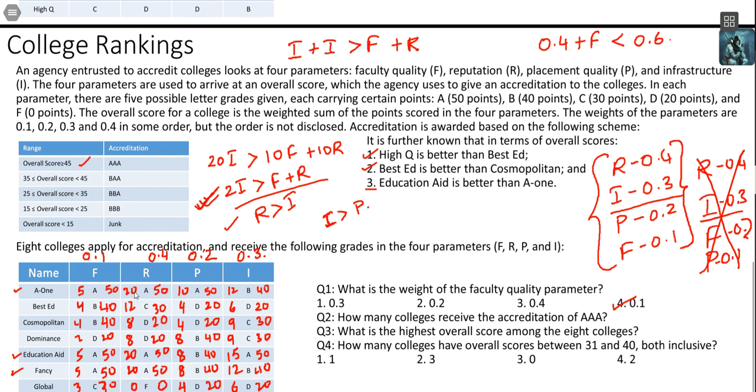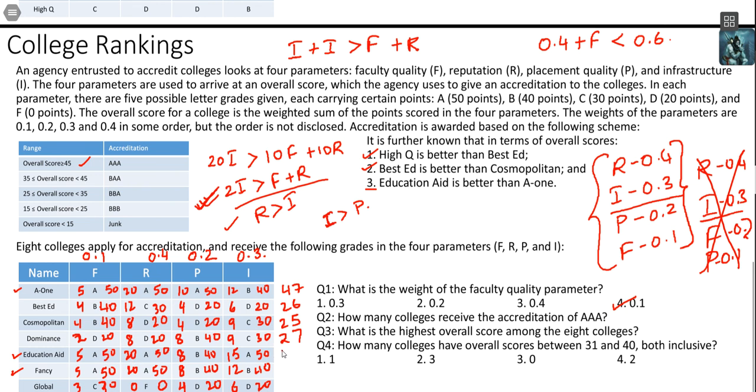Let me do the summation. 5 plus 20 is 25. 25 plus 22, I get 47 here. 4 plus 12 is 16. 16 plus 10 is 26 here. Cosmopolitan is 8, 4, 4. So 2, 8, 10, 10, 8, 18. So 27 here. 5, 20, 25, 25 plus 15.